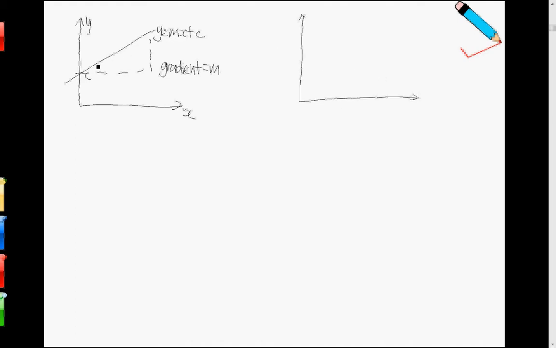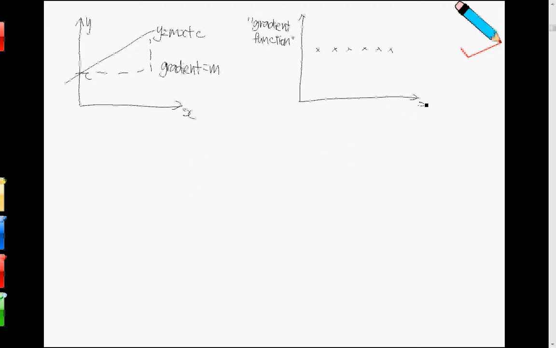If I take the gradient at different points, all the different gradients for the different x values, and I plot them, I call this a gradient function.